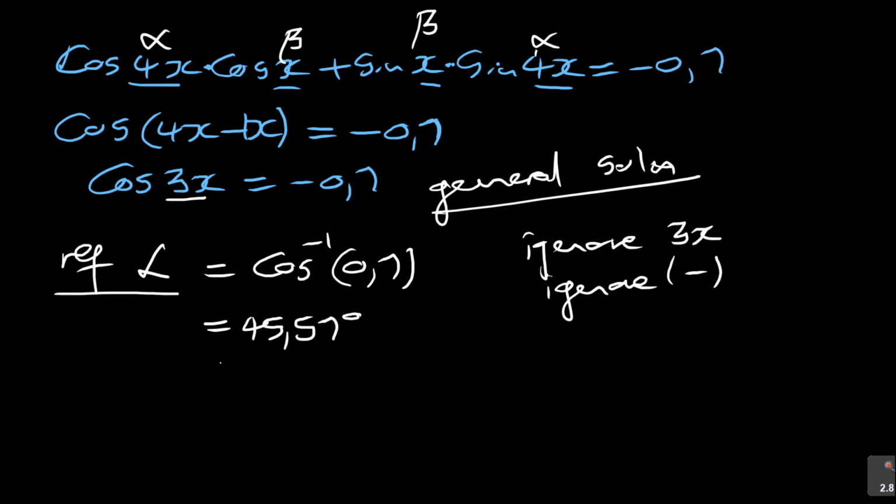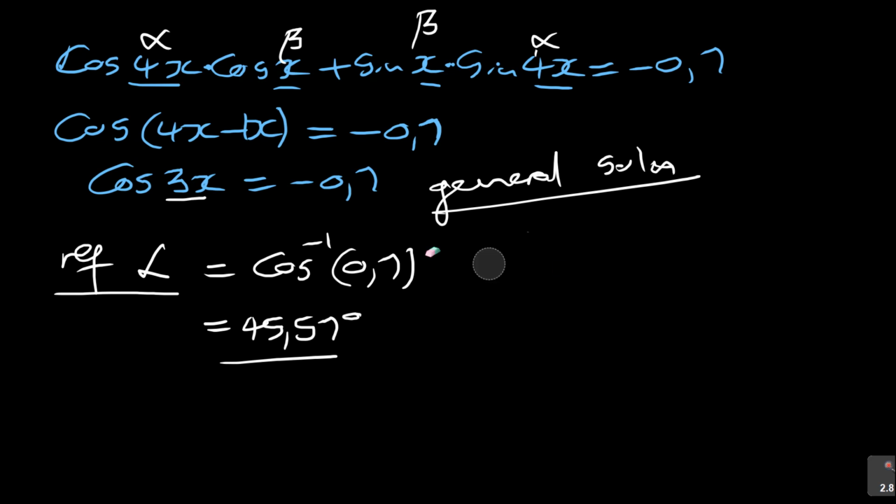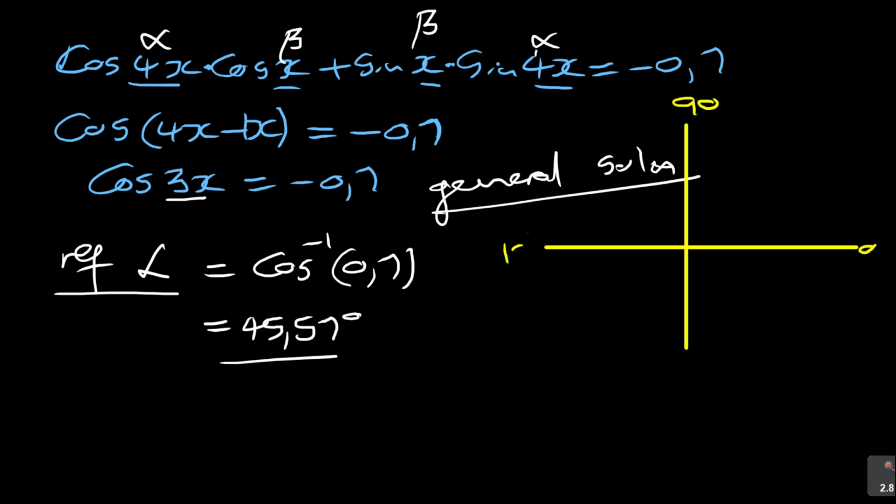45.57 degrees. Now, if I can bring in my CAST diagram. Look at this. The CAST diagram tells you this is 0, 90, 180, 270 and 360 there.